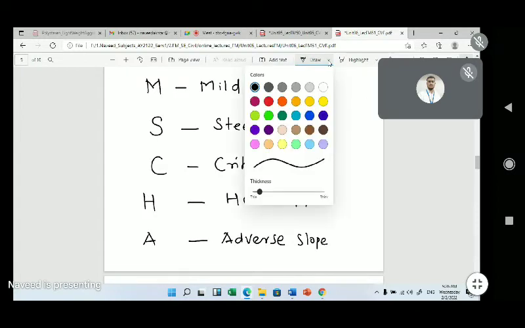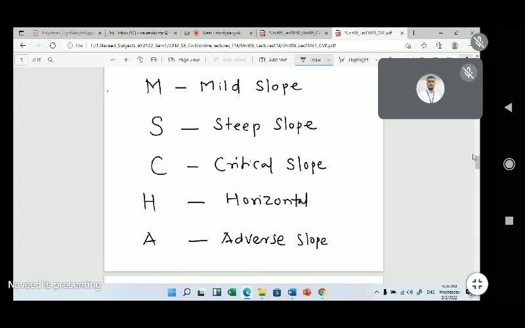In case of the mild slope, the bed slopes in the direction of flow. The steep slope is when the slope is large, the angle made with the horizontal is large. Critical slope is when yc is equal to y; it lies in between the mild and steep slope. Then the horizontal slope is when your bed is horizontal, and the adverse slope is when your slope is opposing.